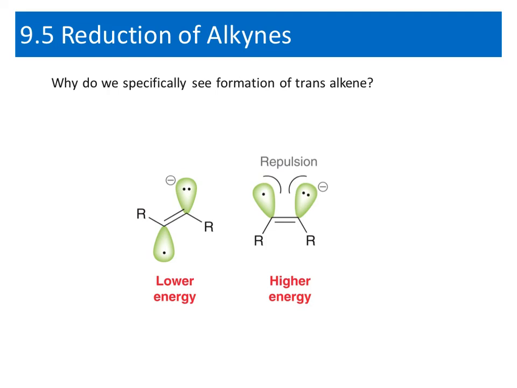Therefore, this molecule would be higher in energy and less stable. So the orbitals would rather be on opposite sides to reduce the electron repulsion. So this intermediate would be lower in energy and more stable. So the reaction proceeds through the lower energy intermediate and forms the trans alkene.